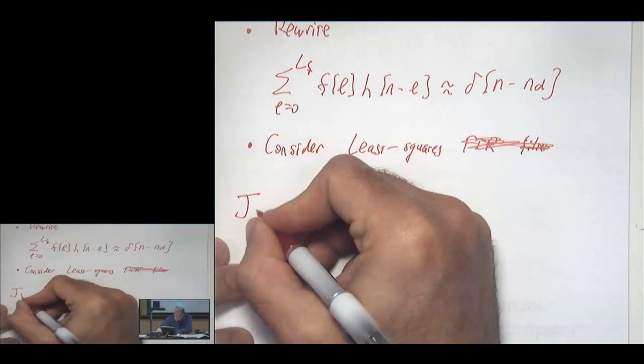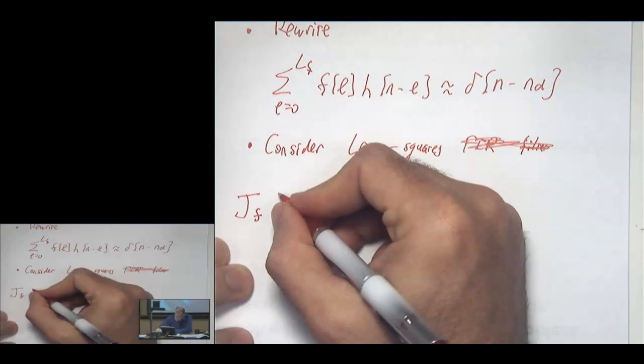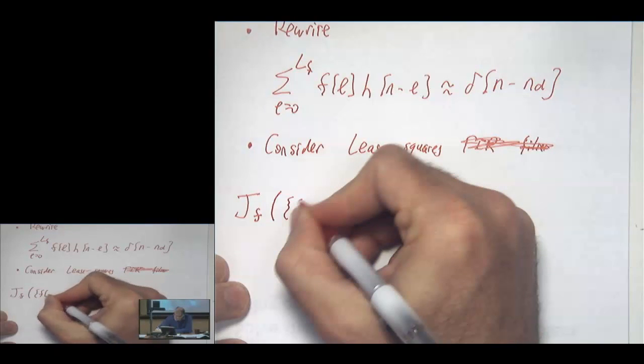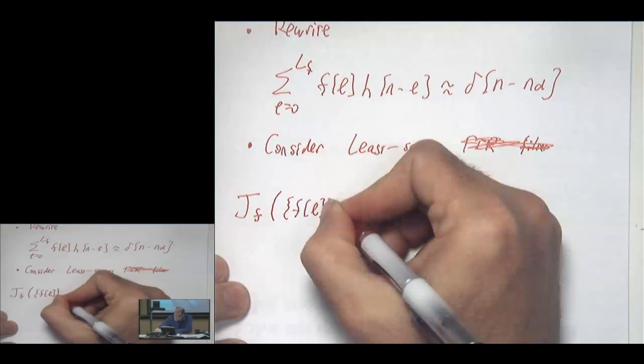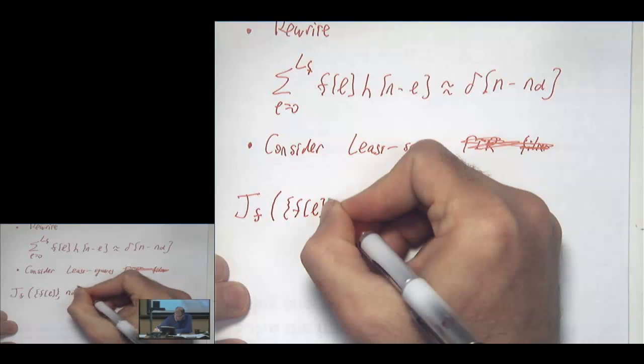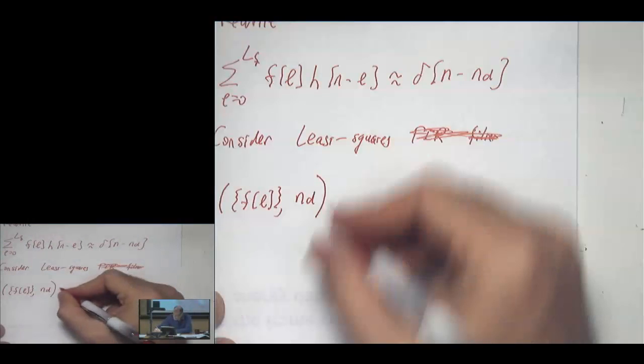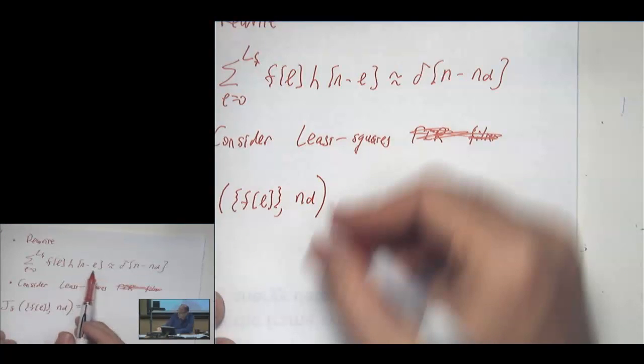So I'm going to have some function J, let's call it J of F, that's a function of the unknown filter coefficients and the delay. And so that squared error is going to be, let's look at this right here.